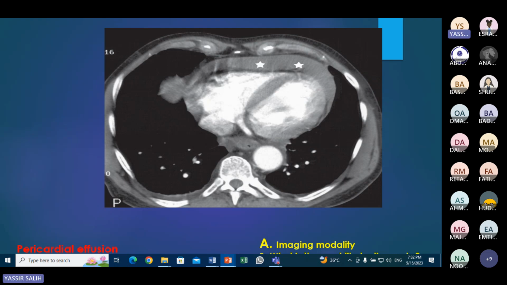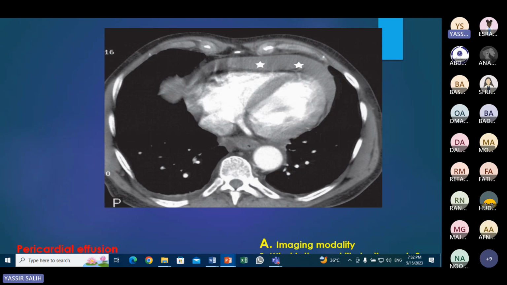What abnormality, what are the findings supporting your diagnosis? Fluid in the pericardium. Yes. Enlarged heart, globular shape.